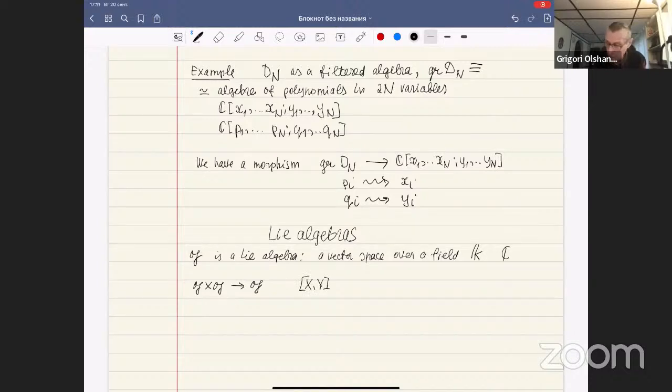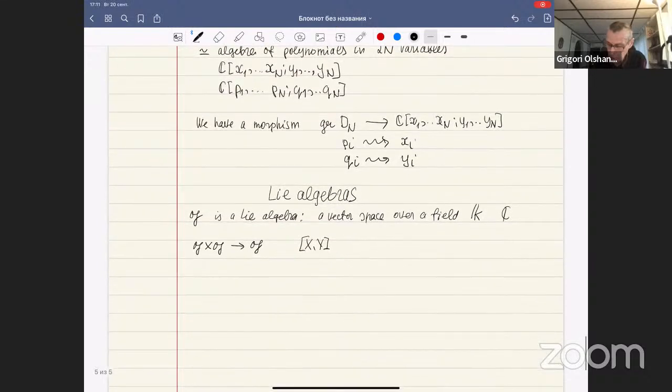Which satisfies two axioms. Skew symmetry, which means that [x,y] is equal to minus [y,x].